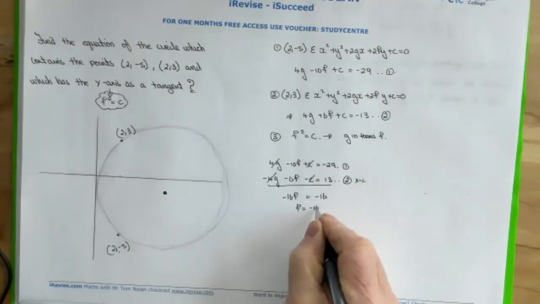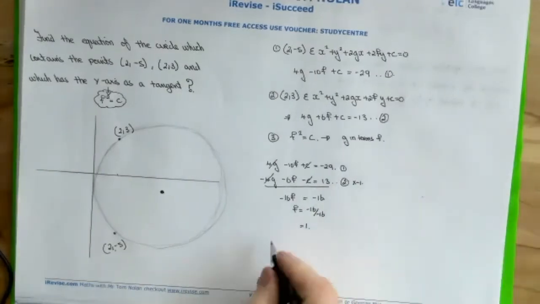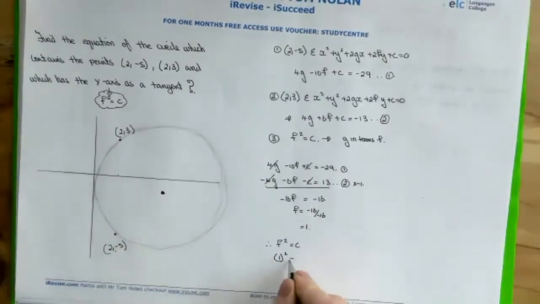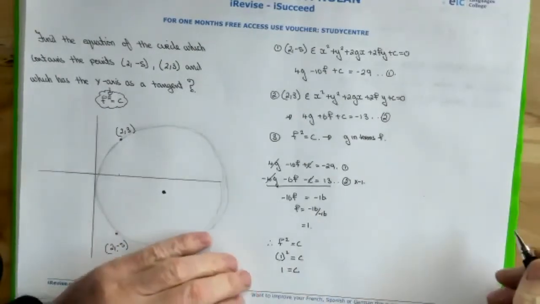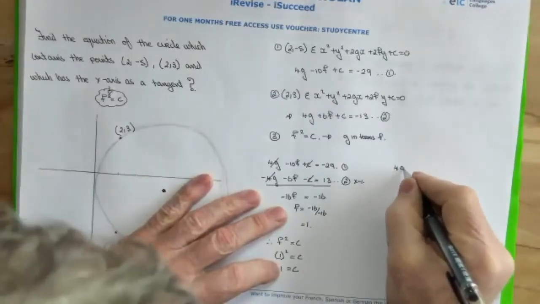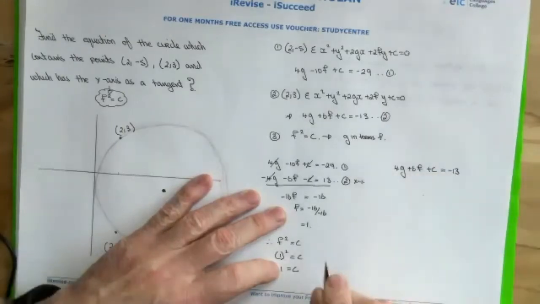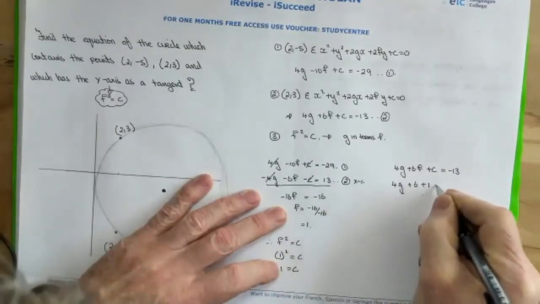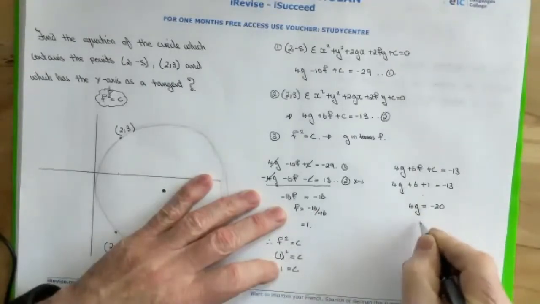F is minus 16 divided by minus 16. F is 1. Now, therefore, I know that f squared is equal to c, so 1 squared is equal to c, so c is 1. Now I have f and c, I can get g. 4g plus 6f plus c is minus 13. 4g, 6f is 6, and c is 1, is minus 13. 4g is equal to minus 20.